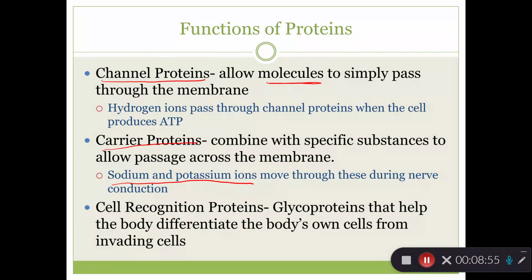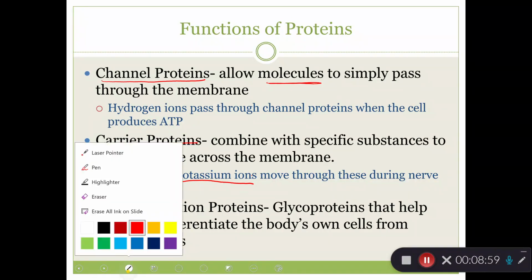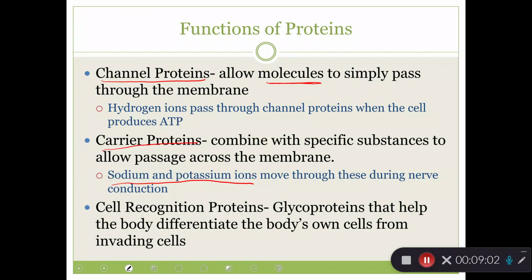Okay, cell recognition proteins, highlight all of this. Cell recognition proteins, or carbohydrate attached to proteins, glycoproteins, help the body differentiate the body's own cells from invading cells. So the cell recognition proteins are so important for the immune system.